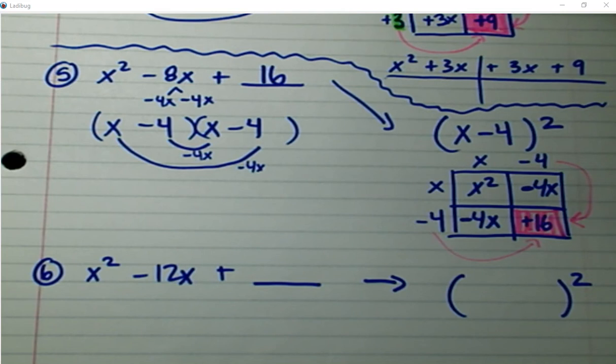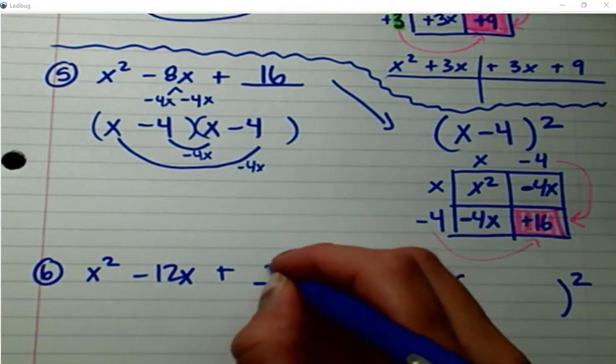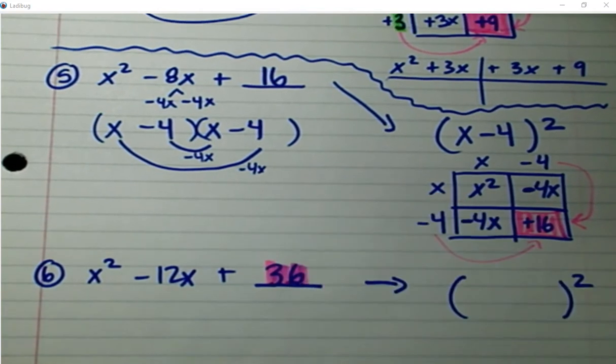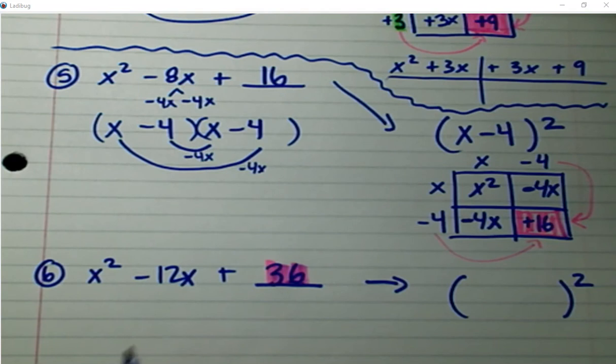Who wants to share? All right, Rand. Yeah, just tell me. Yes, so you got a 36. Okay, hold on. How did you get the 36? How'd you get negative 6 and 6?